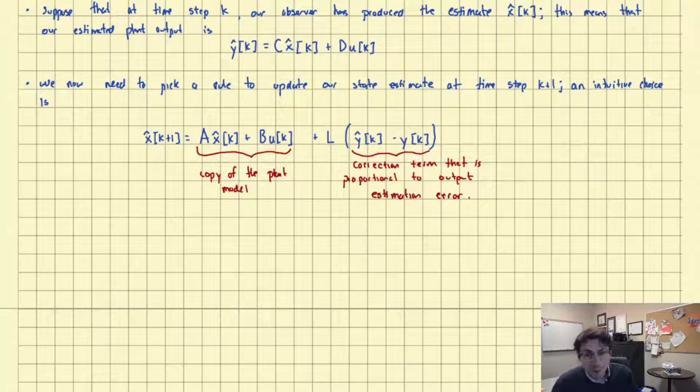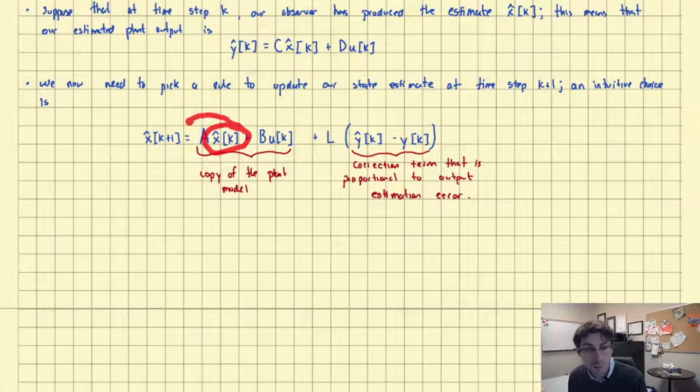Okay, so notice what happens when our estimate x hat is actually equal to x. So imagine that at time step k, our estimate was perfect. What would happen in that case? Well, this output error would be 0, so this term would go away. Again, we're assuming we have 0 error, so this is actually x now.